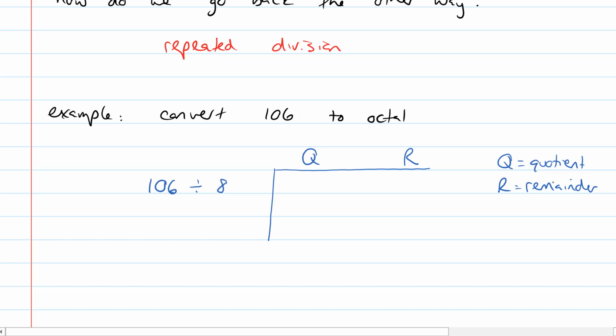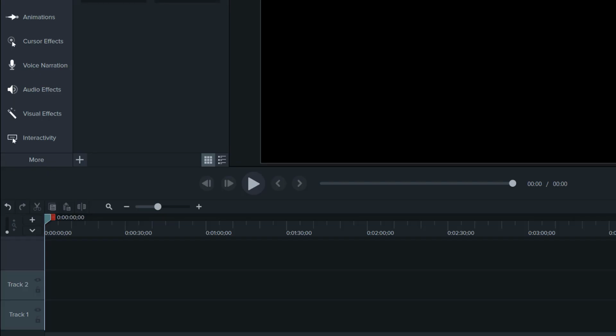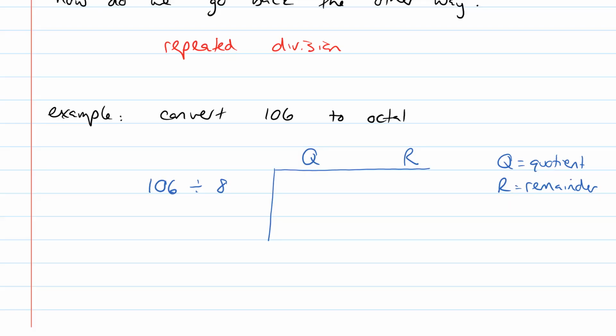So 106 divided by 8 gives 13.25. So the 13 goes under the quotient, so you take the integer part into the Q column, and then you take the 0.25 part and write it as the remainder.